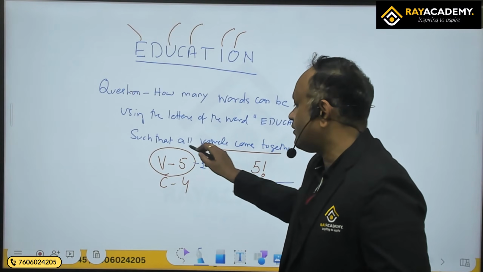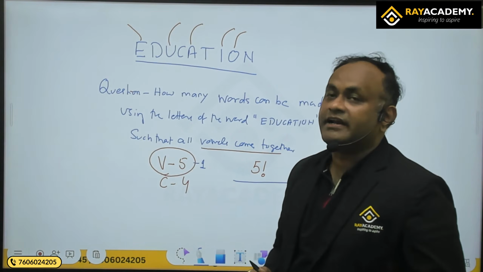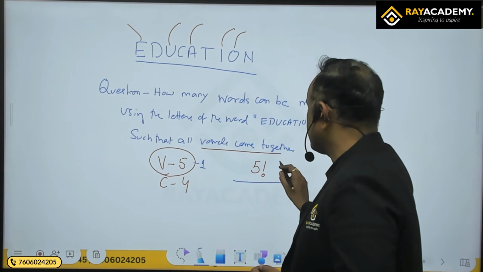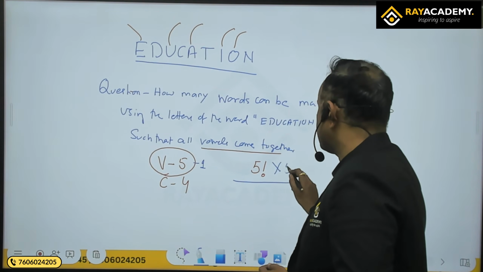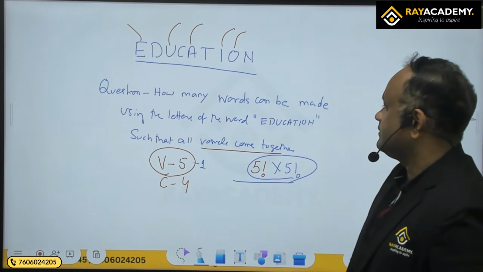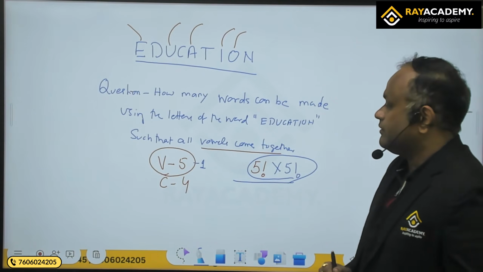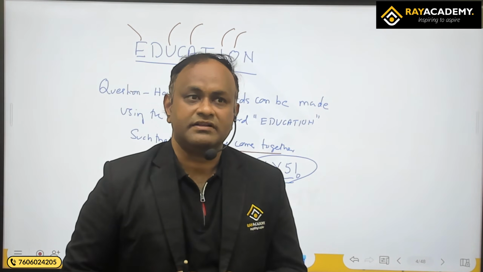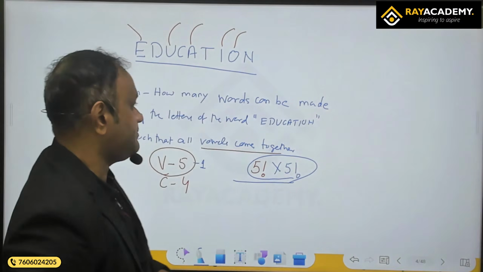So within the boundary, how many ways can they shuffle? There are 5 vowels, so they can do another 5 factorial ways. So right answer is 5 factorial multiplied with 5 factorial. Hope you are getting this. All the vowels come together means you just bind all the vowels, then you can shuffle.